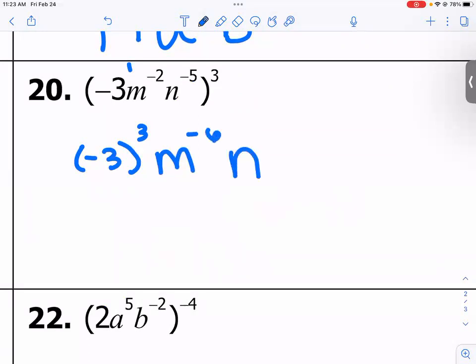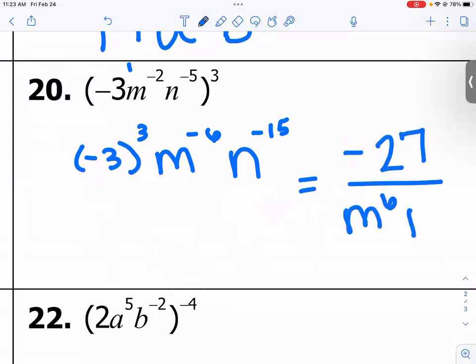What is n's new exponent? -15. All right, now -3 cubed. What is -3 times -3 times -3? -27. Okay. And then m to the 6th and n to the 15th would have to push to the denominator so we could rewrite those.